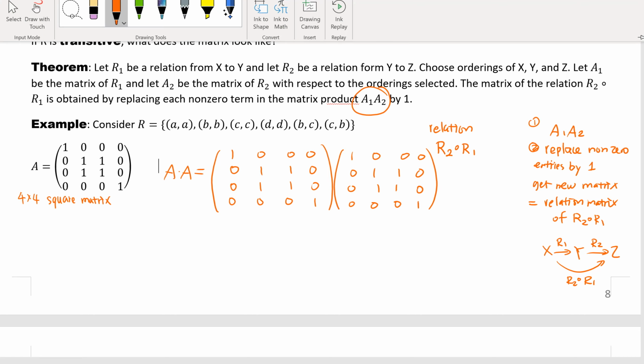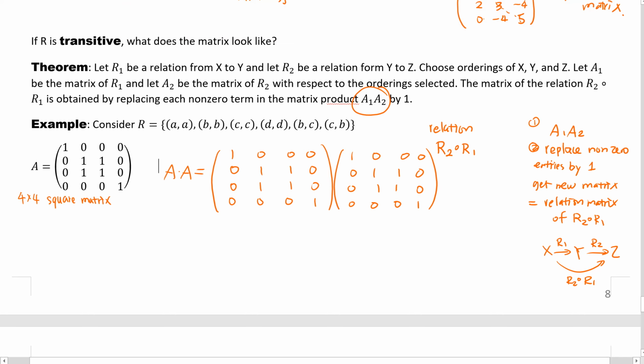Now, let's compute the products. We use the first row times the first column. So 1 times 1 is 1, and then the zeros follow with just zeros. Next, we use the first row times the second column. 1 times 0, plus 0 times 1, and then the zeros. So you only get 0.